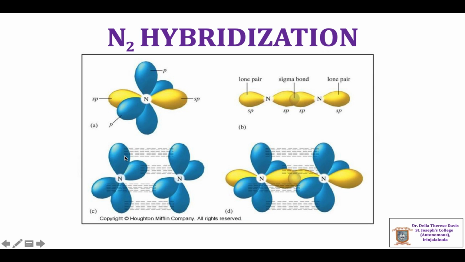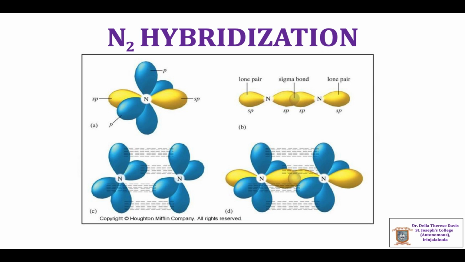There is p-pi bonding between the unhybridized p orbitals of each nitrogen, and two pi bonds are formed. The nitrogen-nitrogen bond has the highest bond energy, that is 945 kilojoules per mole, among all the homonuclear diatomic molecules. N2 is highly stable and less reactive.